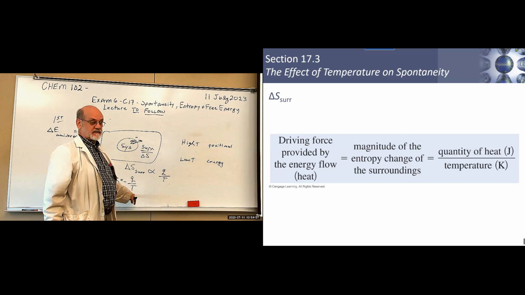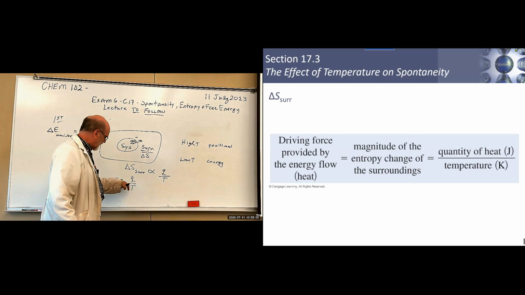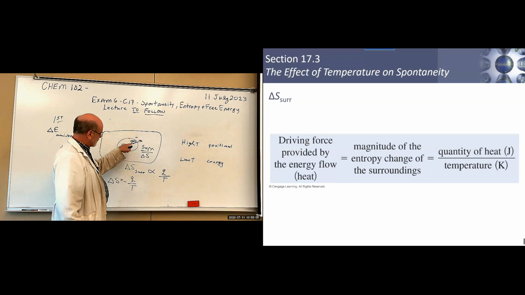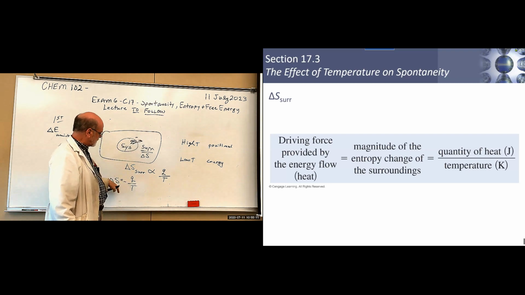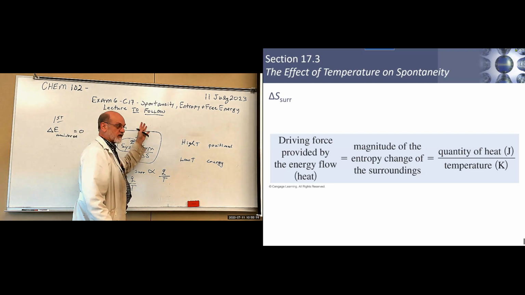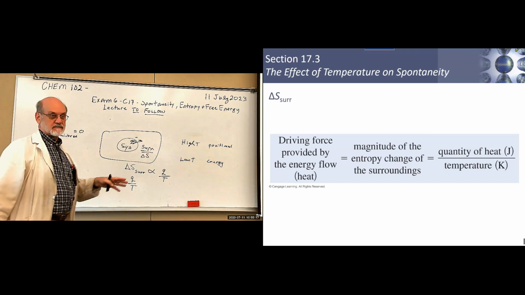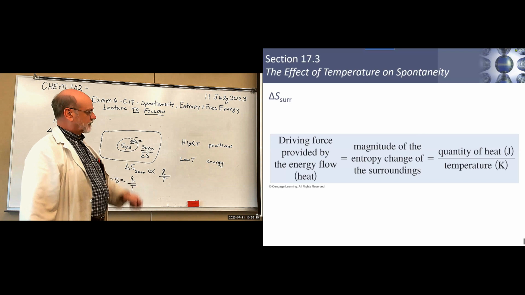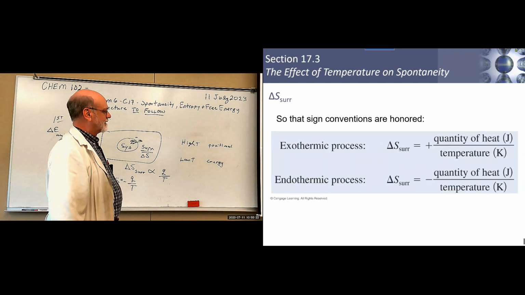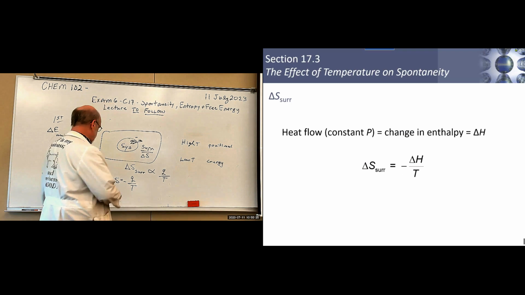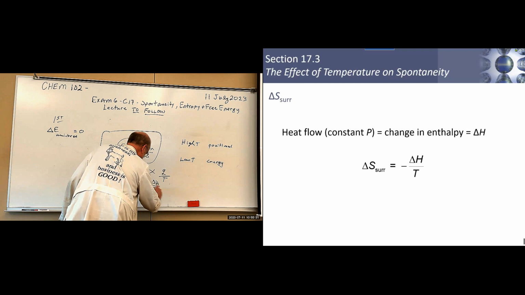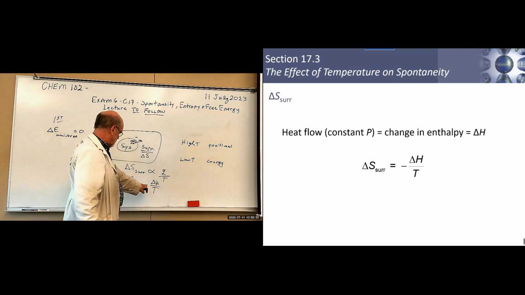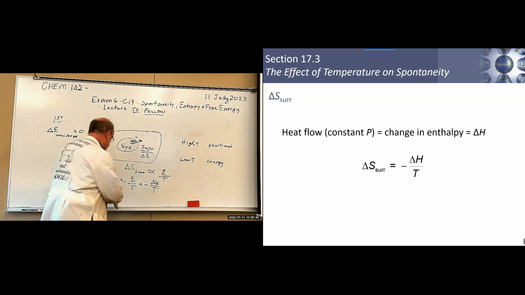Right? So it doesn't have a sign. It's always positive. So one negative here will change that Q from a negative to a positive because Q is leaving the system. Now we change it to a positive. That says that the entropy is increasing. Okay, see where that's required. Right, so that's why, and actually we're going to say it's delta H over T. So the enthalpy divided by T with a negative sign is equal to delta S surroundings.